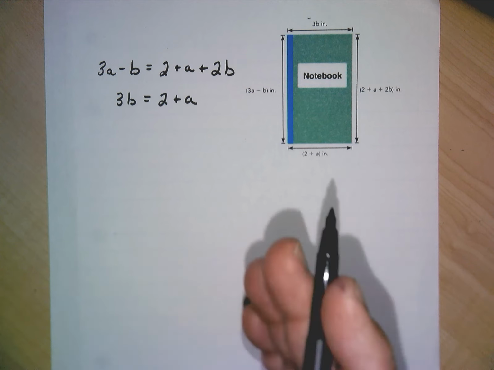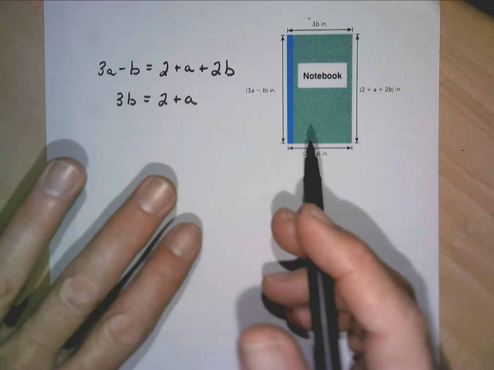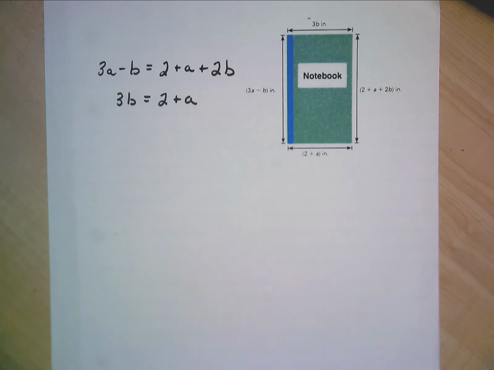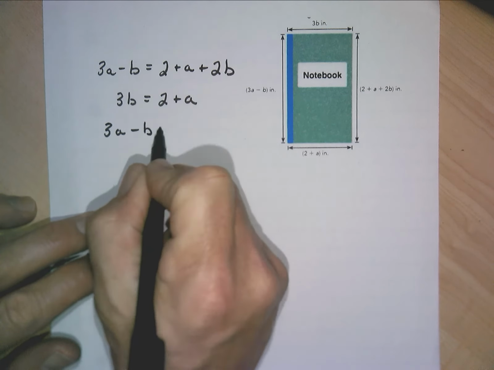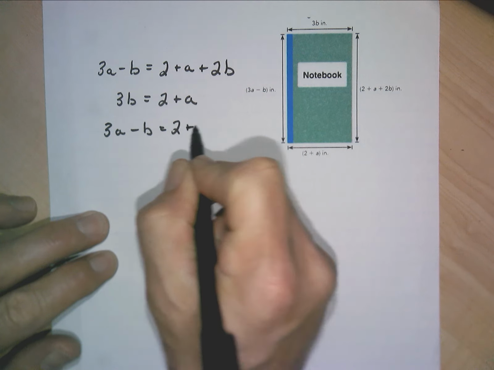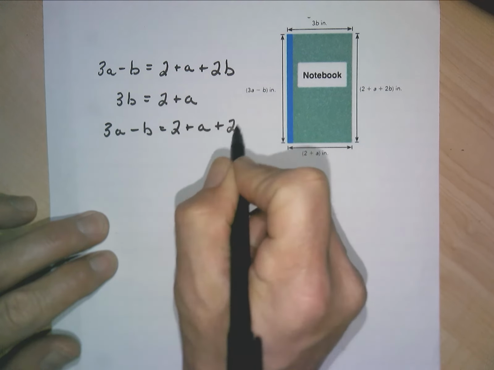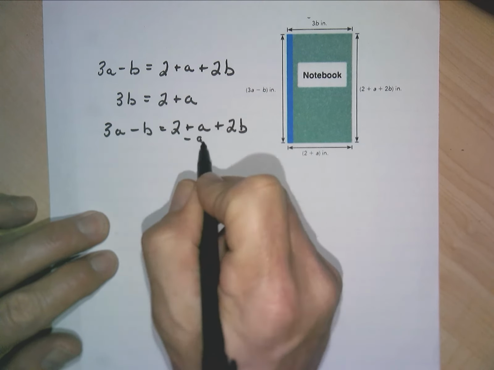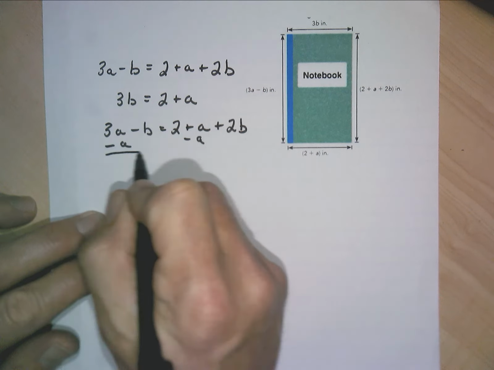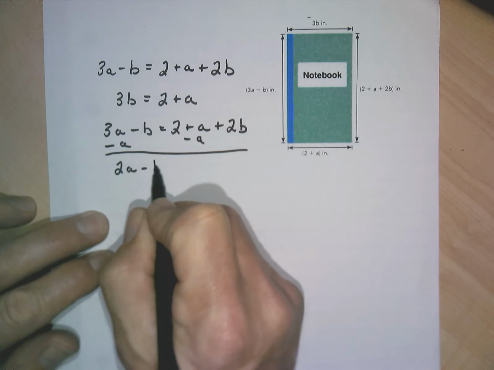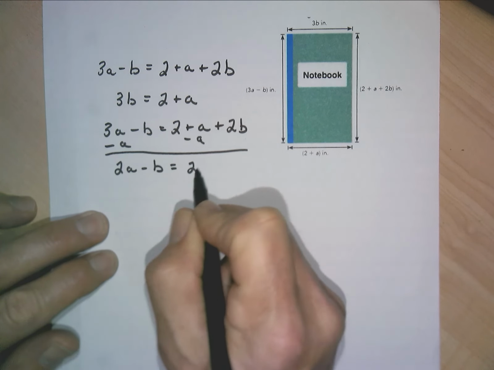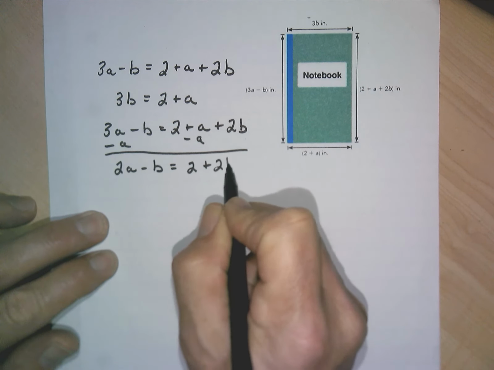I am going to create equations where the variable terms are on the left side and the numbers without variables are on the right side. So first I'll take this one. I'll subtract a from both sides, and I will get 2a minus b equals 2 plus 2b.